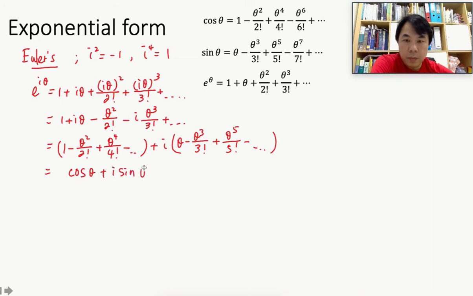So therefore, you can see that this exponential e to the i theta can be represented in the form of modulus argument form, and we know that this is actually a complex number in its modulus argument form. Therefore, we can conclude that any complex number can be represented in this form: e to the i theta equals cosine theta plus i sine theta.